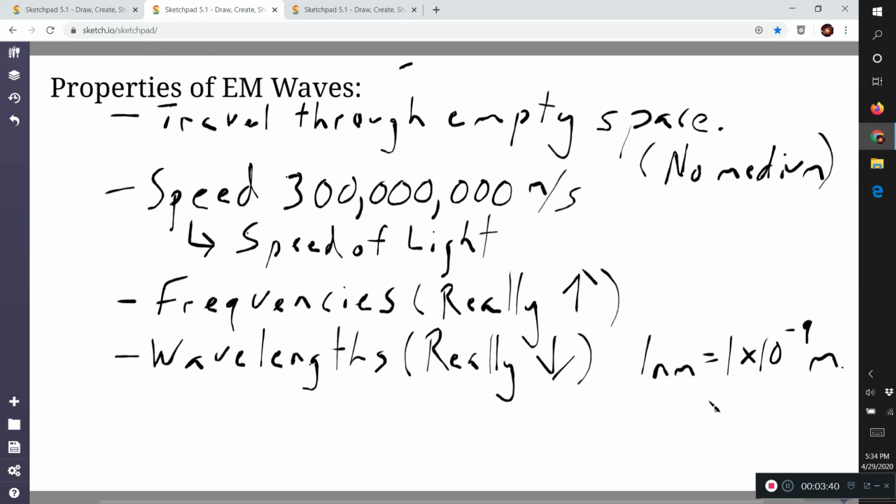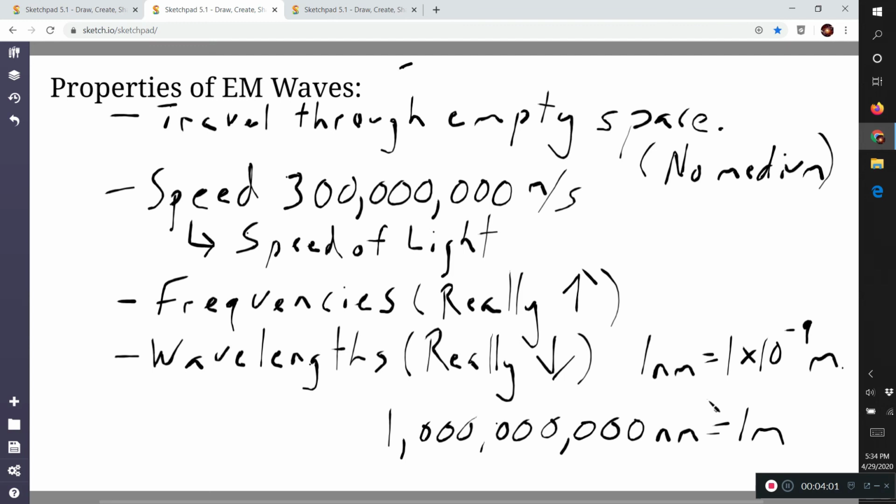So that means it would take, see, that's 9 zeros, 1 billion nanometers to make up 1 meter, which a meter is just like the meter sticks we use in class.